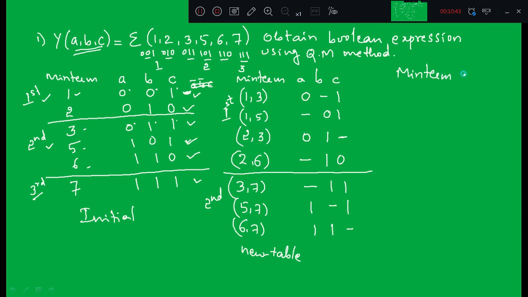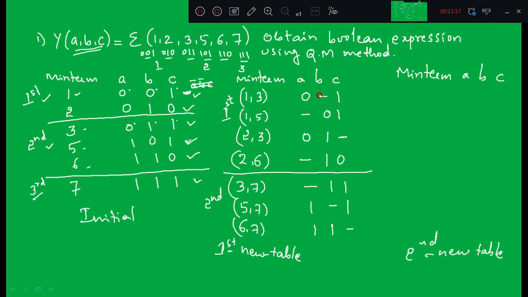This is my first new table, and this is my second new table. In my first new table, what am I observing? I am observing the positions of the dash. If the dash is at the same position and the remaining two bits are differing by one bit, then I can write those minterms in my second new table.